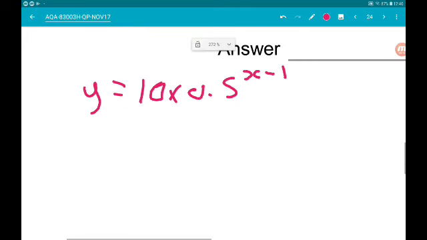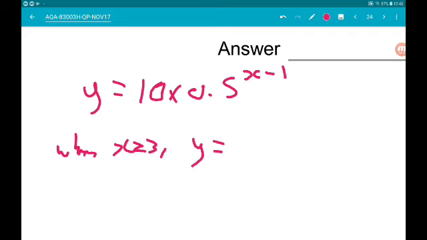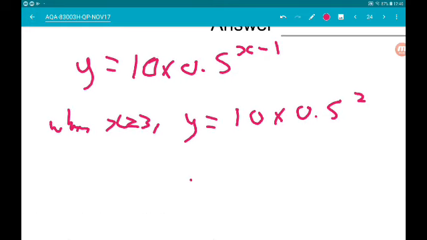So, when x is 3, y is 10 times 0.5 to the power of 2. Now that is going to give us 10 times 0.25, which is 2.5.